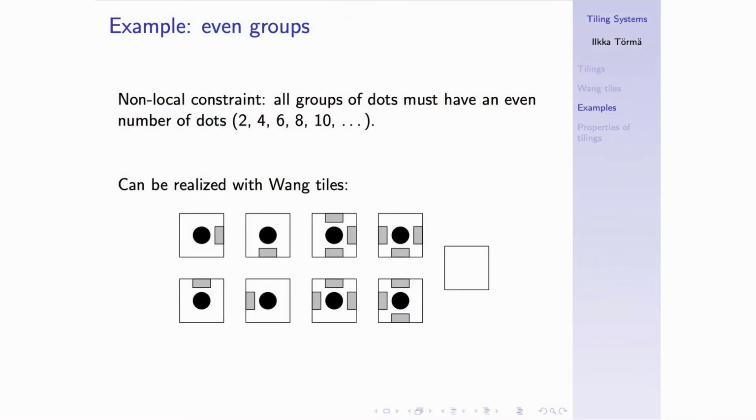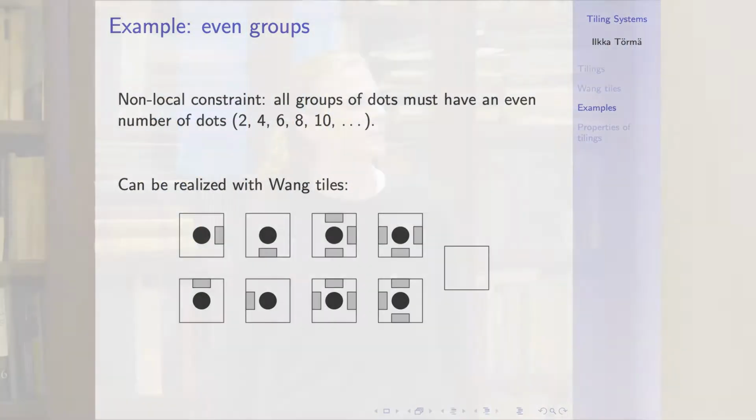Okay. Here's a slightly more complicated example. So I am asking that if I look at the black dots in my tiling, they form some groups that are connected. You can think of them like islands in the sea of white tiles. Okay.